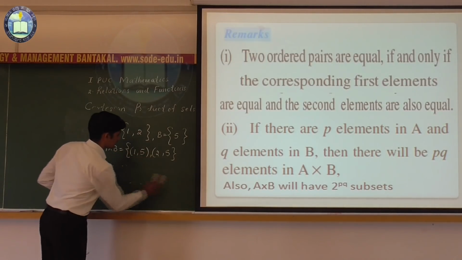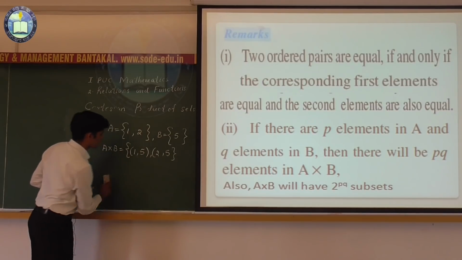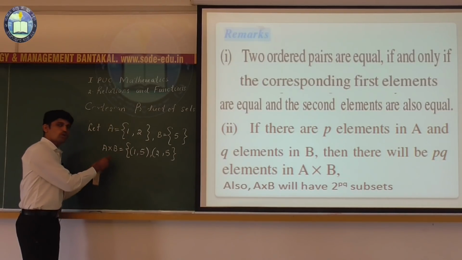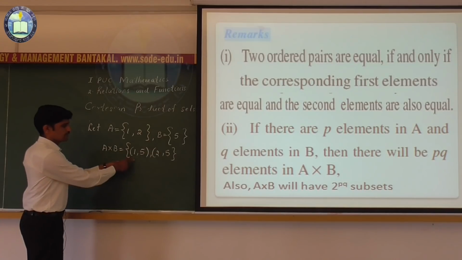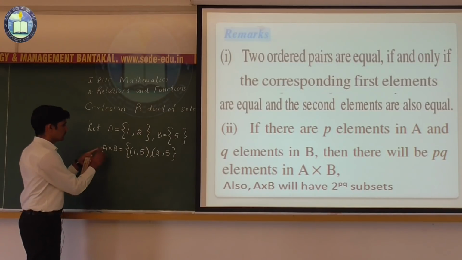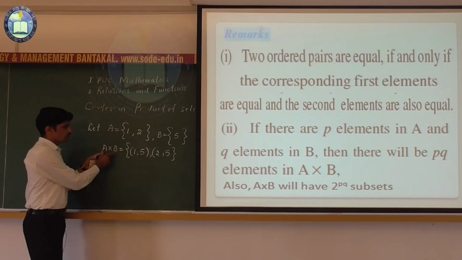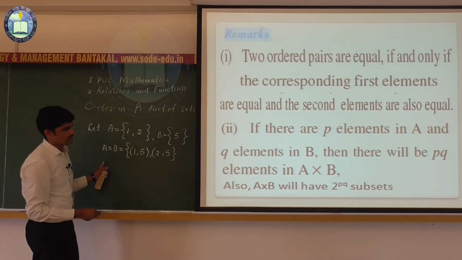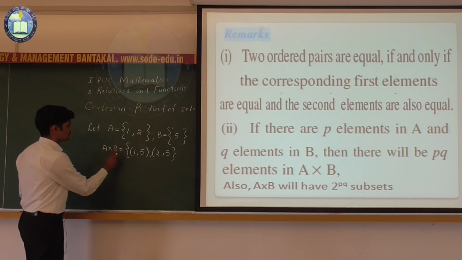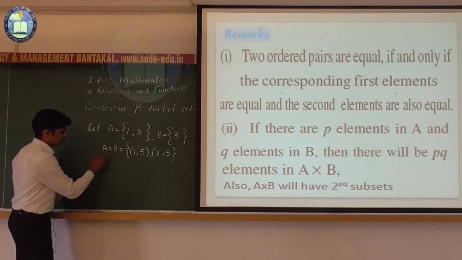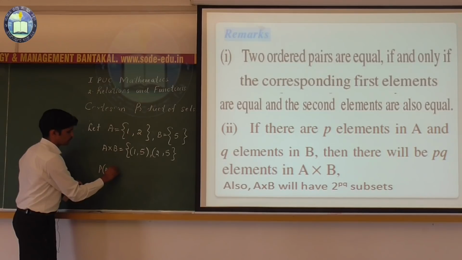Then what are the subsets of A cross B? The collection of all subsets of a set is called the power set. So the power set of A cross B will have 2 to the power pq elements. That is, the elements of the power set of A cross B are the subsets of A cross B.